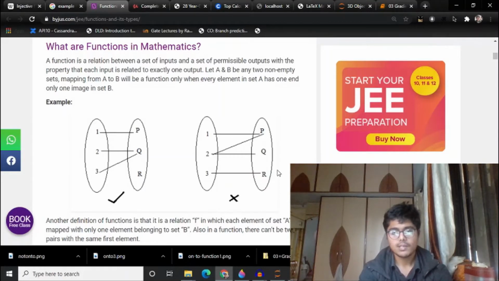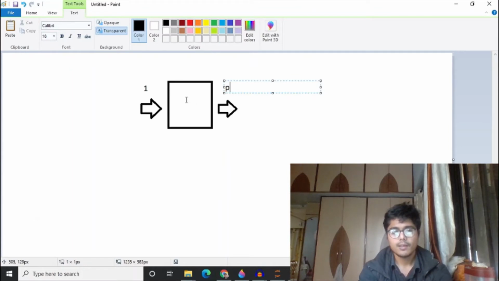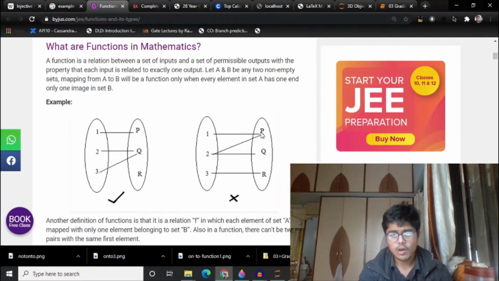When you put in 2, this diagram suggests that it outputs p and it also outputs q. That is an ambiguous definition and cannot happen. How will the machine decide what to output, because a machine at a time can output only one value? So that is not a valid function. This is the main concept of a function.